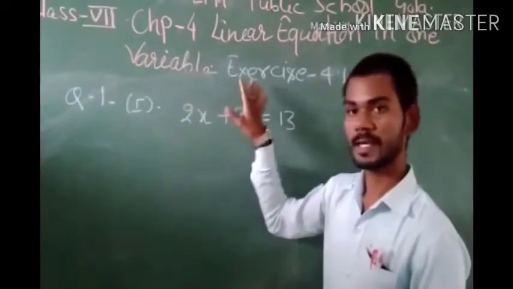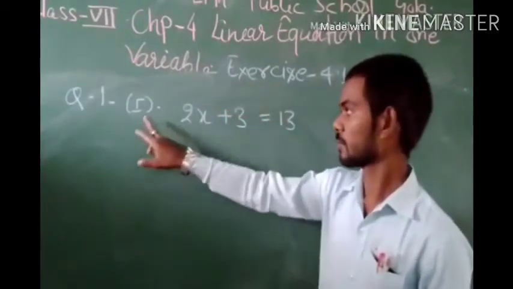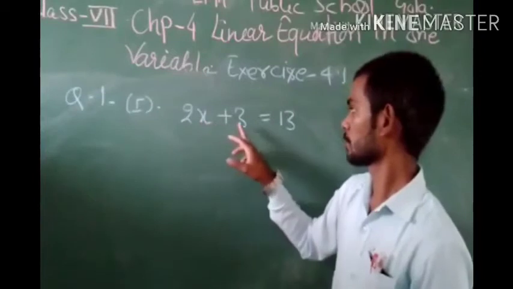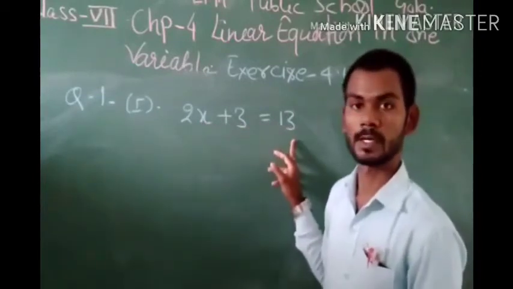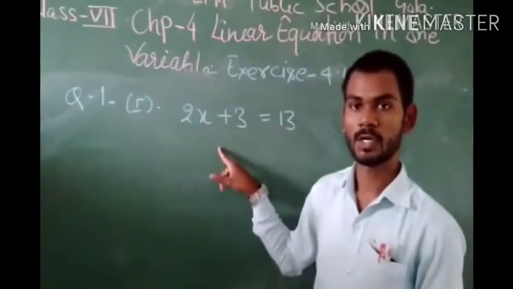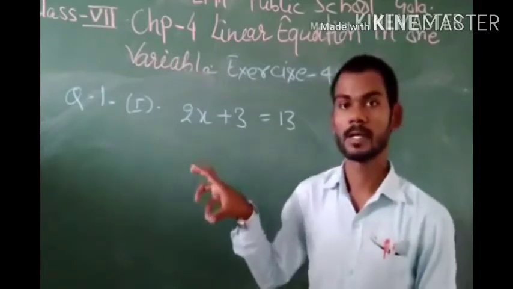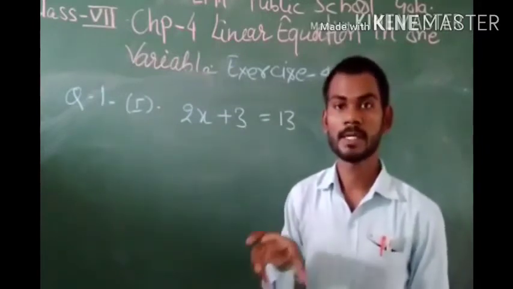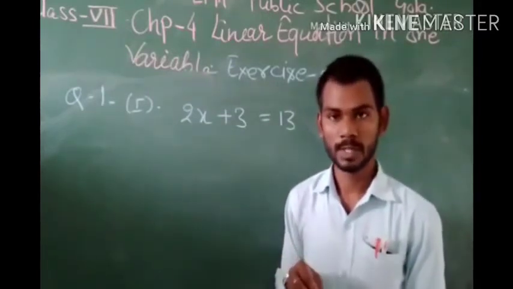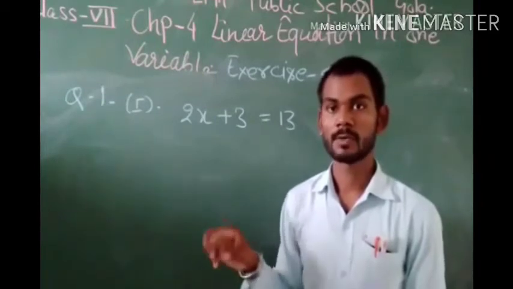Exercise 4.1, question number 1: 2x plus 3 is equal to 13. We will solve this question by the method of simultaneous operation on both sides of an equation.